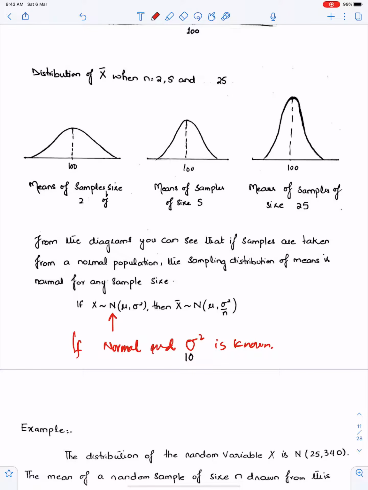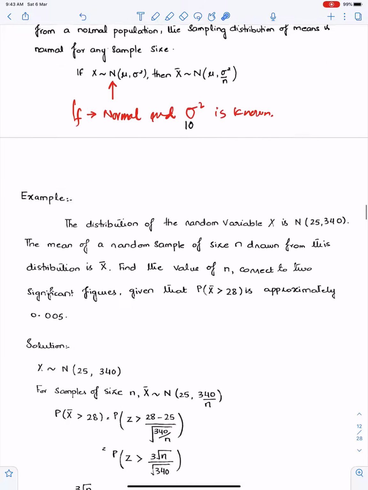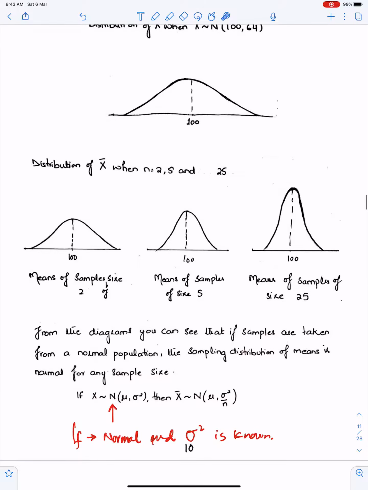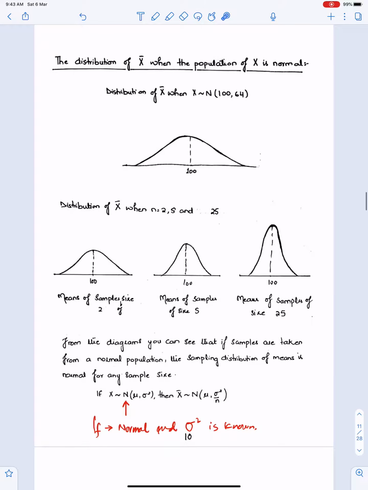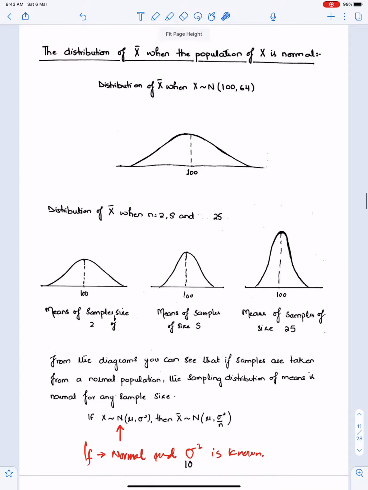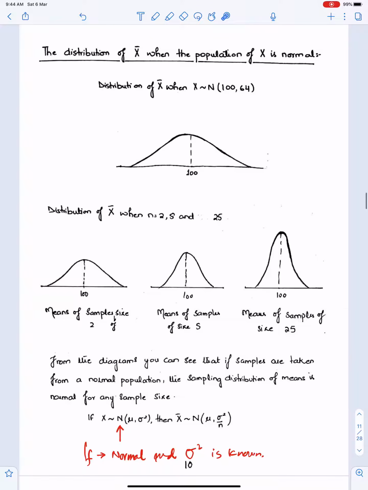So if the population is normal and sigma square is known, then the distribution of x bar will always be normal for any sample size. This will help you to construct the confidence intervals. So make sure you remember this and understand it well. If you want to take a screenshot of this page, you can, because this concept is very important.